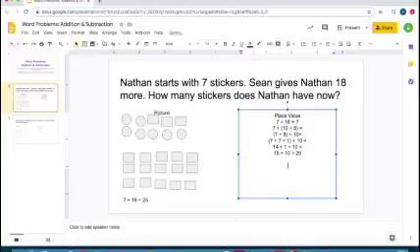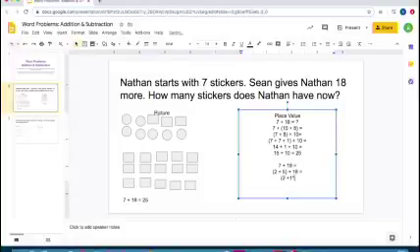We can also do it where we break up that 7. And I would probably break up the 7 into 2 and 5. Think about why I might break up the 7 into 2 and 5. If I break up the 7 into 2 and 5, I'm able to put the 2 and the 18 together.